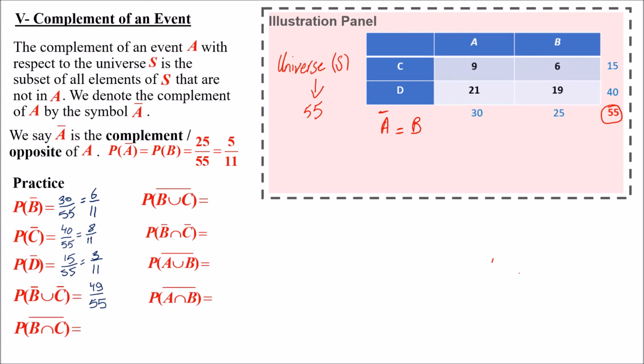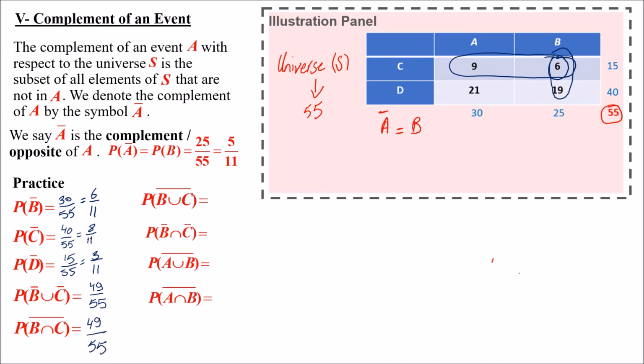B intersection C, this is B, and this is C. These two events intersect at 6. So, what's the complement of this 6? Are all the other numbers found? 21 and 19, 40, 49, therefore, is equal to 49 over 55.